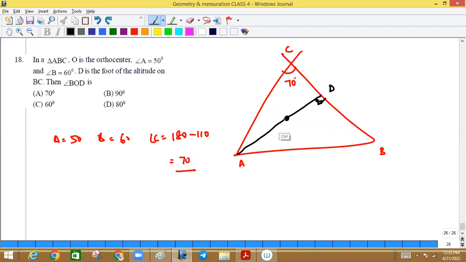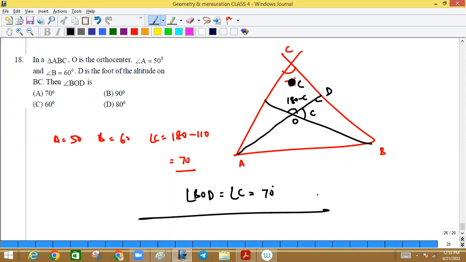To make it precise, in terms of C, don't take it as 70, take it as C. If it is C, can you tell me how much it is? 180 minus C. If it is 180 minus C, again this one is C only. Therefore, what is angle BOD? Angle BOD is the same as angle C, which is 70. Understood?